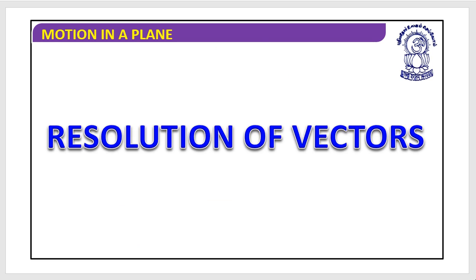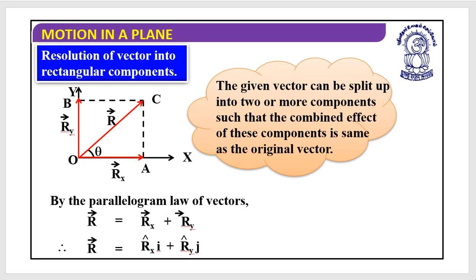Let's move on. So now we are going to discuss the resolution of vectors, and let's look at how we resolve any vector. Basically we are going to resolve vectors into their rectangular components.